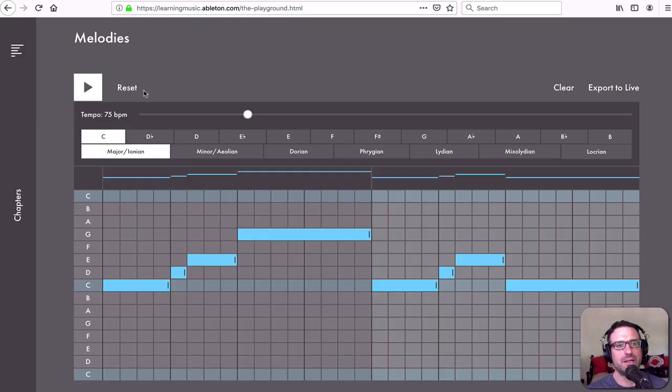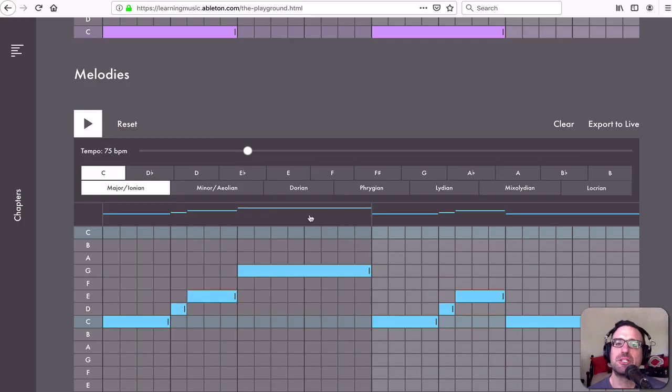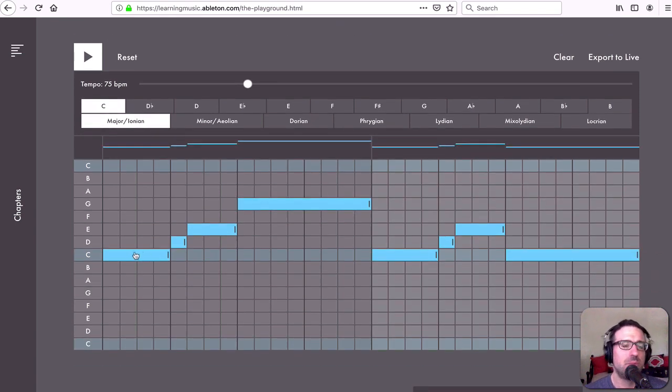So I think that's a little better, because, again, you're going to be trying to create contrast from section to section.